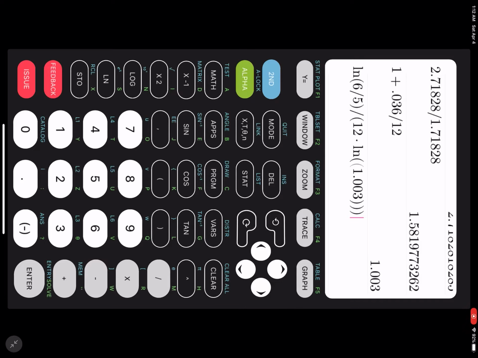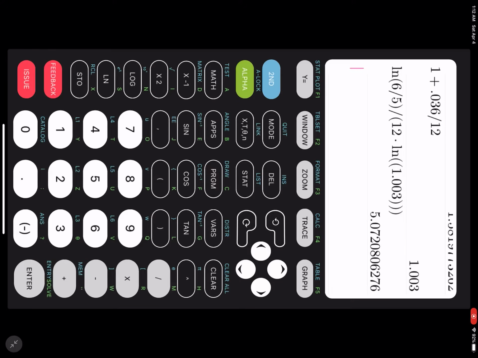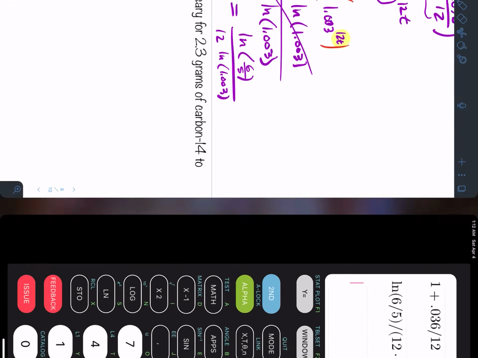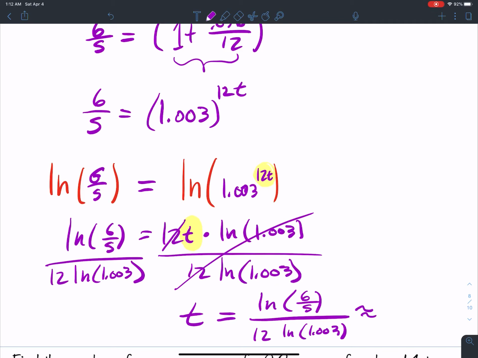I think I got one too many parentheses, but I think it's going to work. So 5.072.